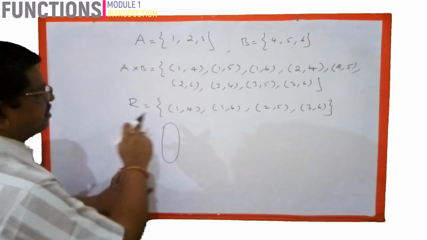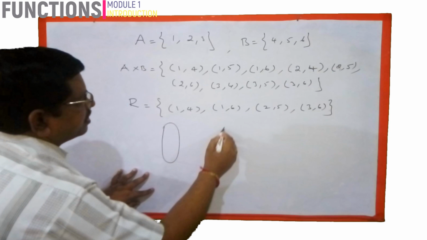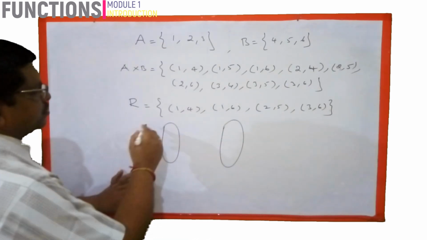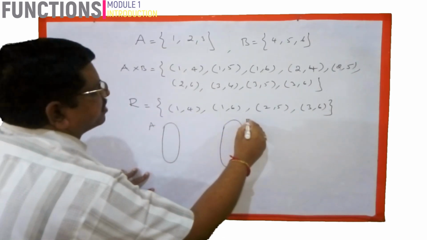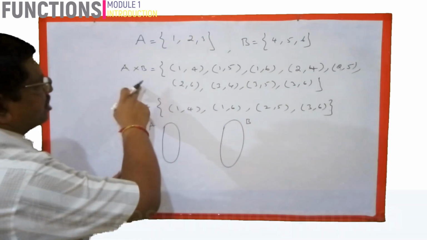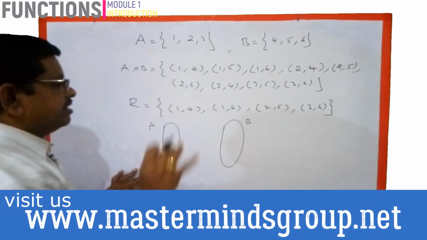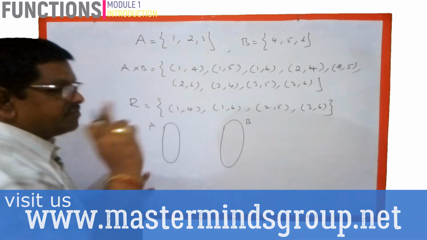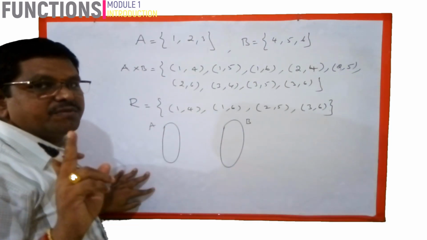Here the relation is represented with two sets, set A and set B. Remember, in relation R or in A cross B, whatever it may be, in the ordered pair the first element is taken from the first set and the second element from the second set.